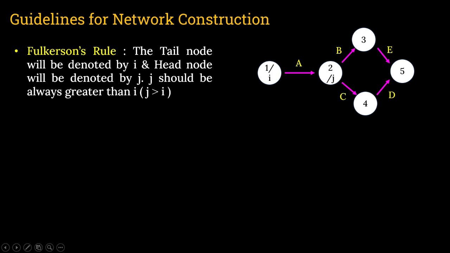Nodes are given by 1, 2, 3, 4, 5. According to this definition, this is the ith node, this is the jth node, and you can see j is greater than I because I and then j. In this case, this is the I for node 2 and there will be j for node 3. Okay.